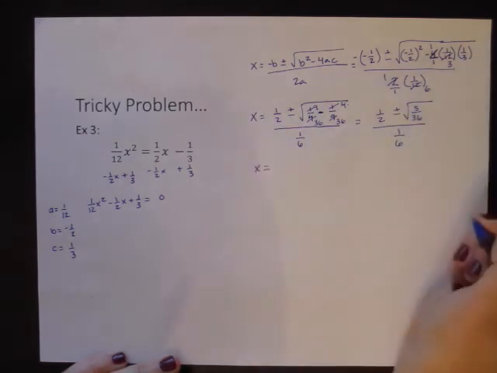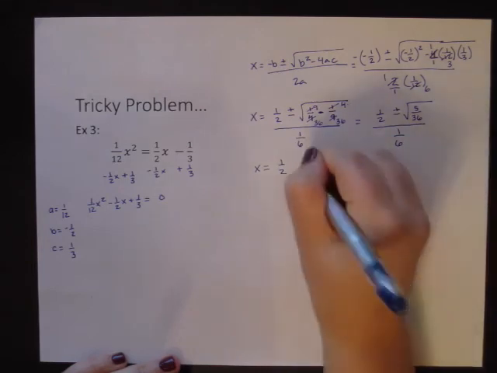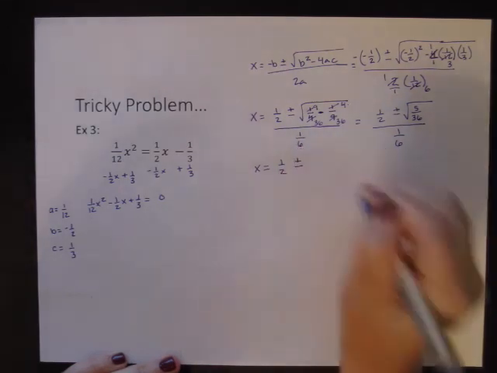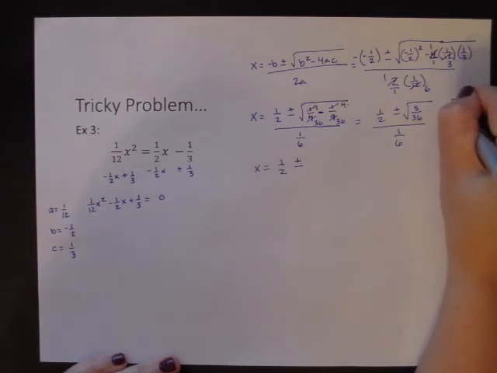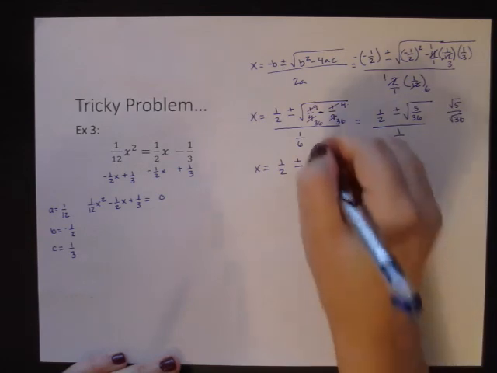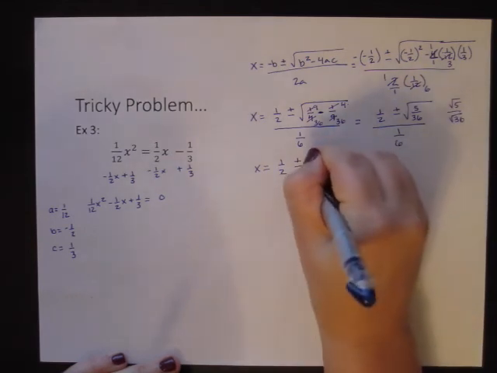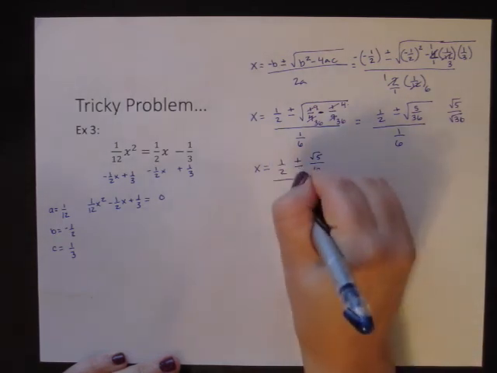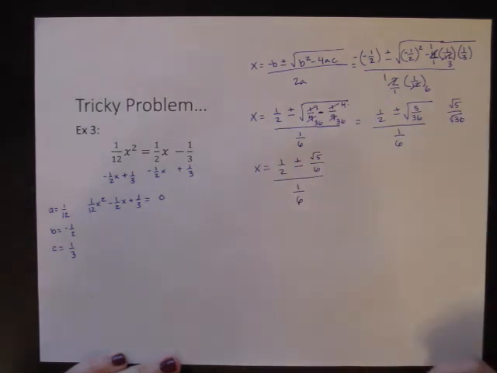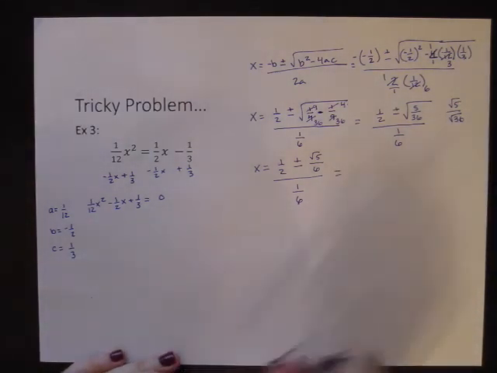So x equals 1/2 plus or minus. And right here, if I break this up, I go to the square root of 5 over the square root of 36, which would be the square root of 5 doesn't clean up, but the square root of 36 will, and that will be 6 over 1/6. So now I have to combine these together, so I have to have a common denominator.